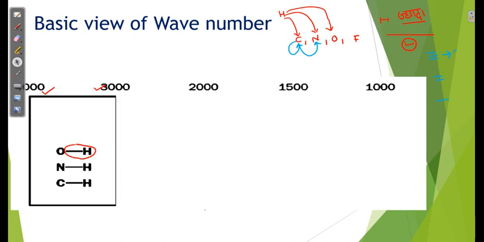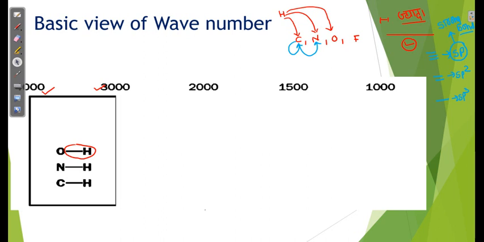This is sp hybridized, this is sp2 hybridized, this is sp3 hybridized. If you don't know hybridization, please see my video on hybridization. In sp hybridization, the percentage of s character increases, which makes a strong bond with other elements.